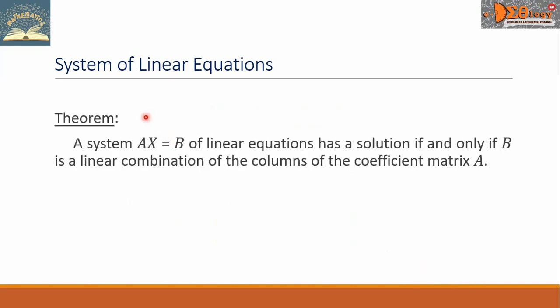There is a theorem that says a system AX equals B of linear equations has a solution if and only if B is a linear combination of the columns of the coefficient matrix A.